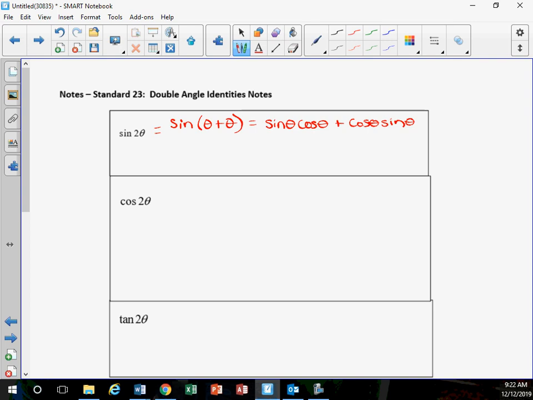Is sine theta cosine theta the same as cosine theta sine theta? Yeah, so how many of them do I have? 2. So that's your formula. Sine of 2 theta is equal to 2 sine theta cosine theta. Okay, so there's your first one.